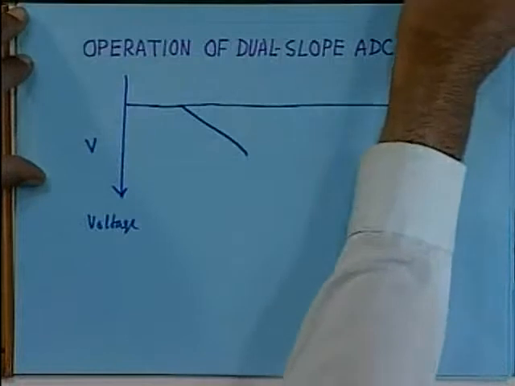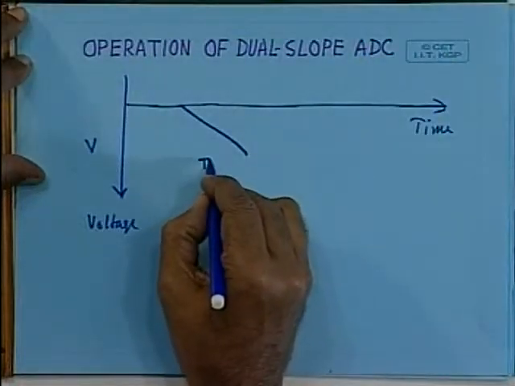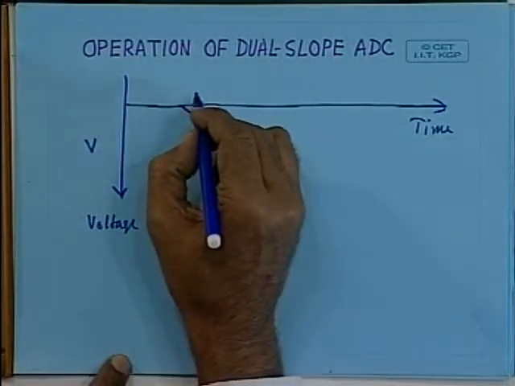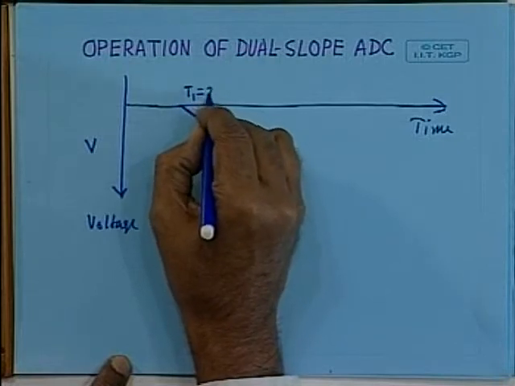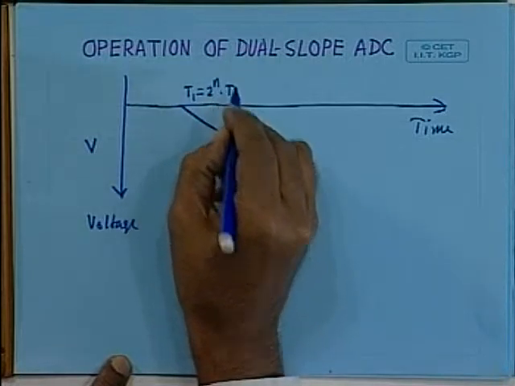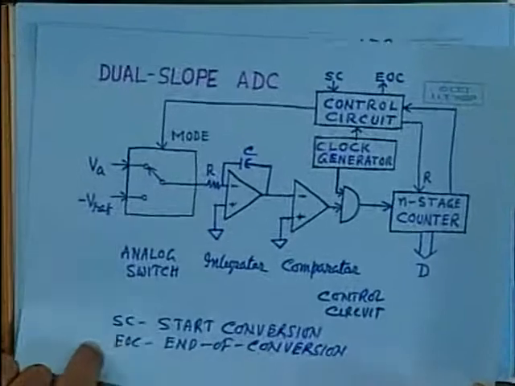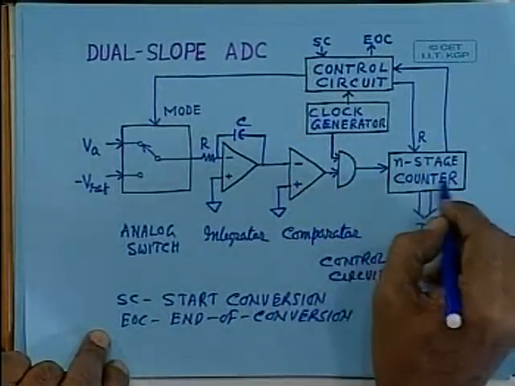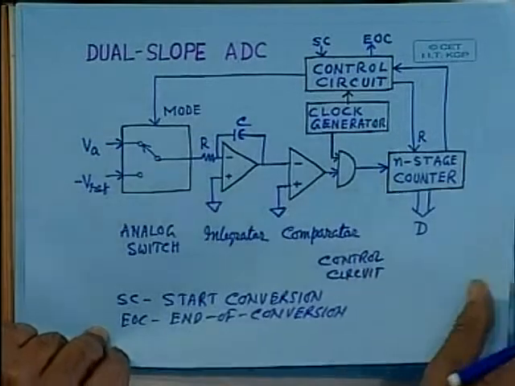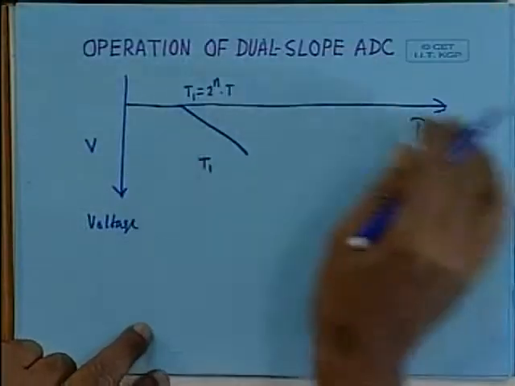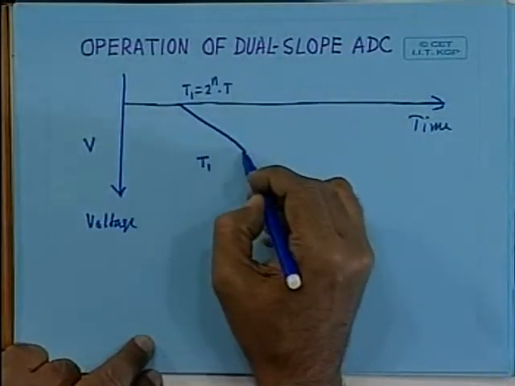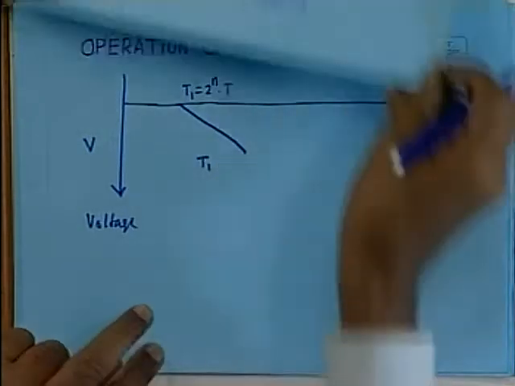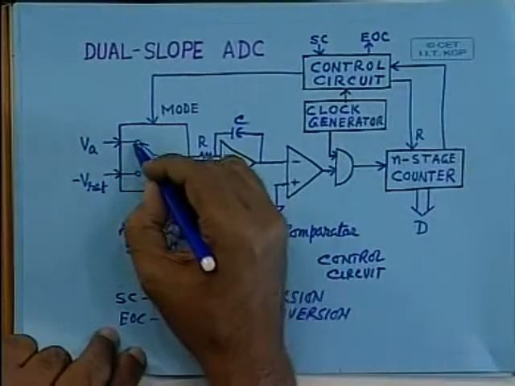Now for time T1, where T1 is equal to 2 to the power n into t, where t is the time period of the clock, and as you can see, this is an n-stage counter, so the maximum count value is 2 to the power n. For the maximum count value time, this particular switch is closed.